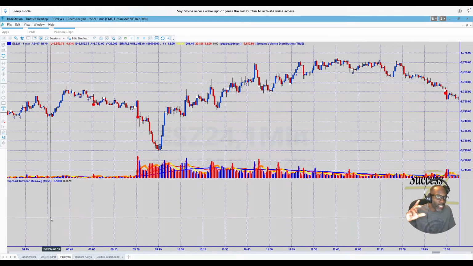So essentially what that 0 does is it takes the bar, it takes all the price levels where transactions happen within the bar, and it looks at the volume of all those entries.